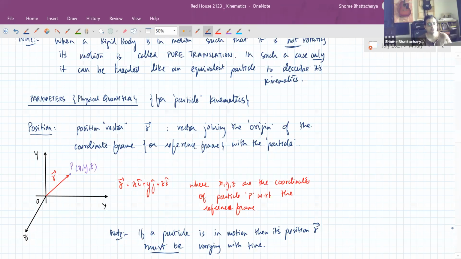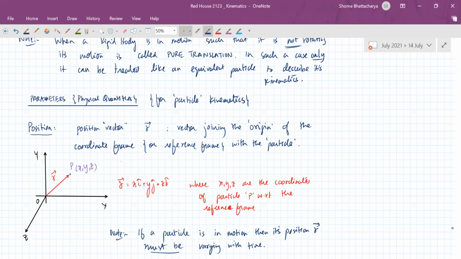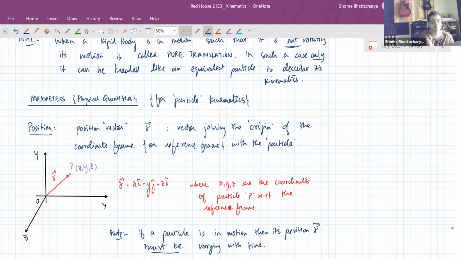So according to the convenience of the person writing the equations, he or she will select some particular point as origin, some particular direction as the x-axis, then the y-axis can be any axis perpendicular to the x-axis. And the moment the x and y axes are selected, the z-axis has to be selected according to the right-handed system. You know the right-handed palm rule or thumb rule, right? Yes, sir, from vectors, so that i cap cross j cap will be the correct direction of k cap. Right? So that is your reference frame.